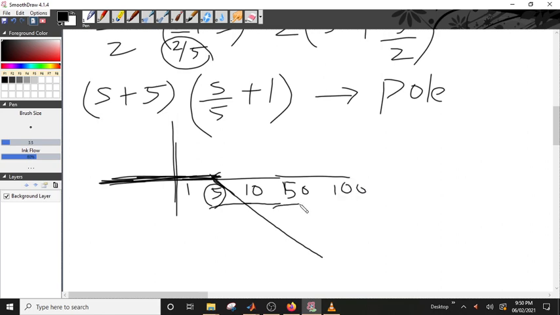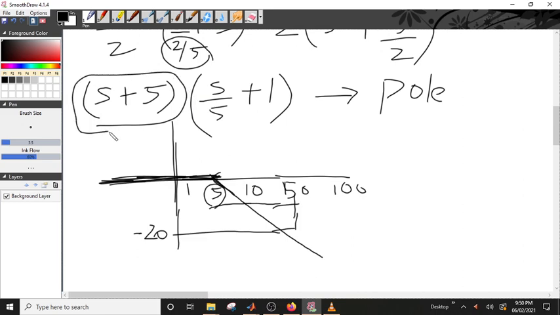So at this point, this line must reach minus 20 dB, because its multiplicity is single, it's a single pole, so it must be minus 20. If it was a zero, then it must have been like this, and here at 50 it should reach 20 dB. Okay, so this is how we handle this s term.